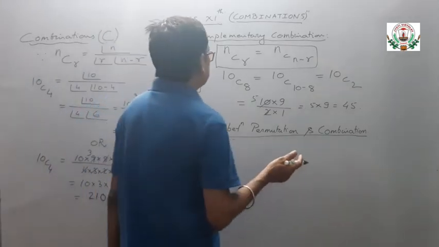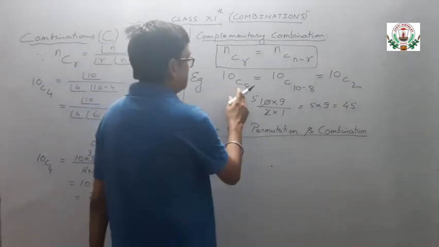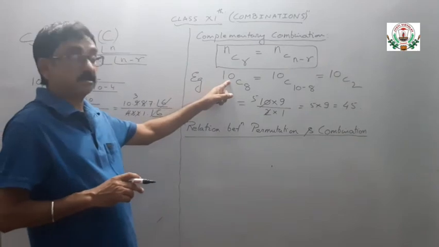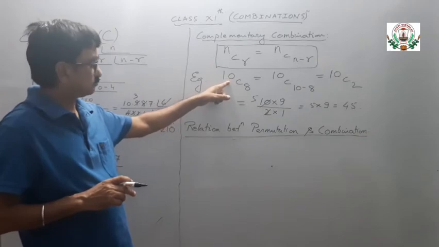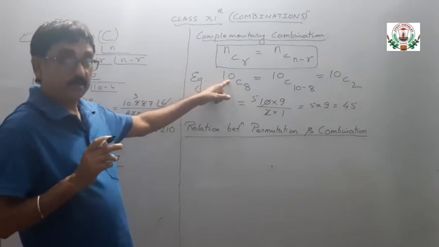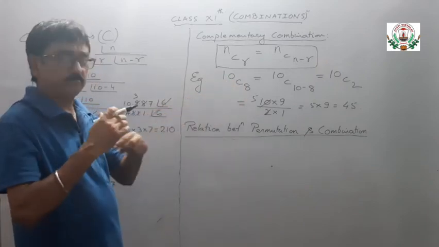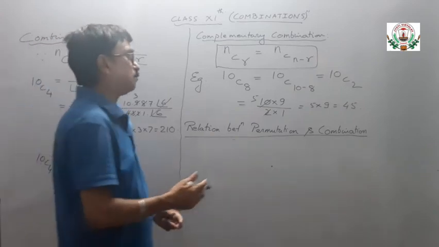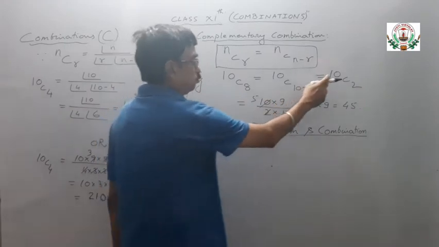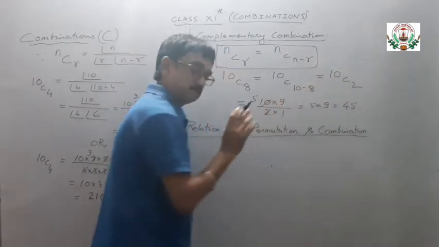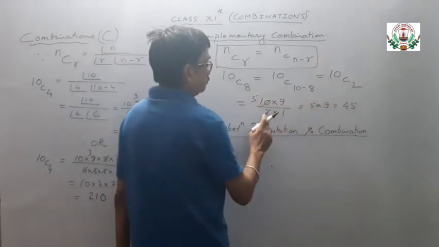Now complementary combination: nCr is equal to nC(n minus r). Suppose in 10C8, the n value given is 10 and r is 8. We can see that half of 10 is 5, and the r value is more than 5, so we can make the simplification shorter by applying this formula: 10C(10 minus 8), which is 10C2. 10C2 means we take 10 into 9, descending only 2 numbers including 10, and r is 2, so the denominator is 2 into 1.